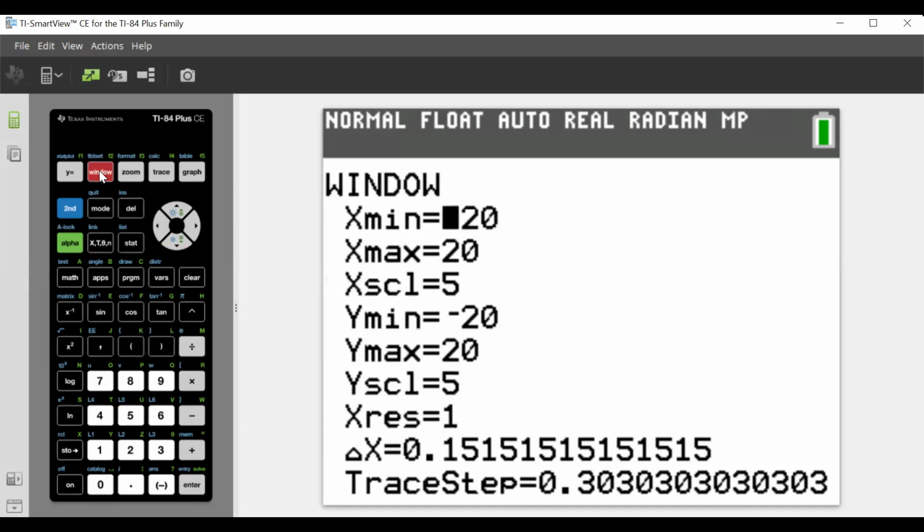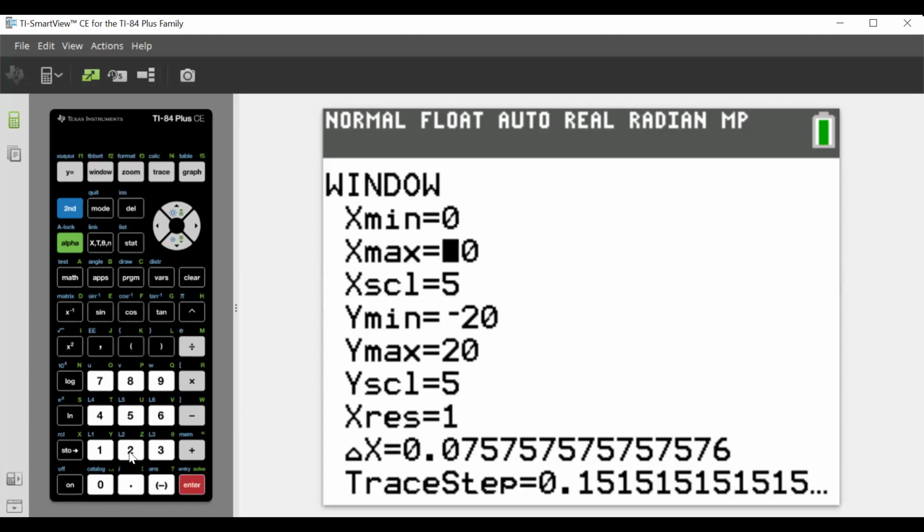And now we have to think about our window. Let's go from zero, since we're only dealing with positive numbers because we're making things. And for the max, let's go up to 250, by 50.